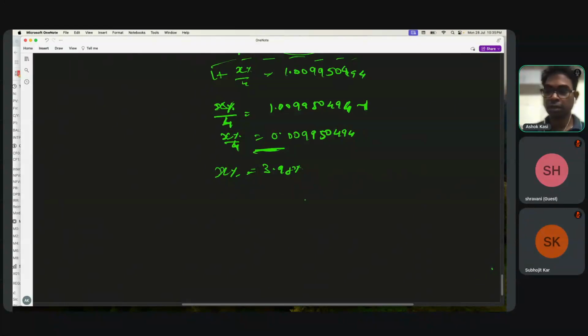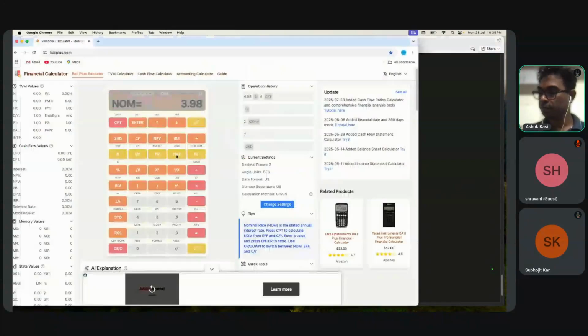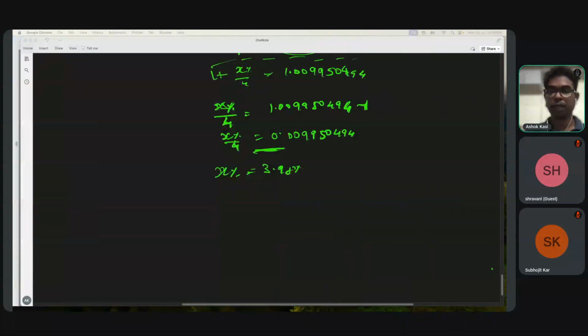Is it okay? Done? Yes. If your algebra is weak, you can practice this way.